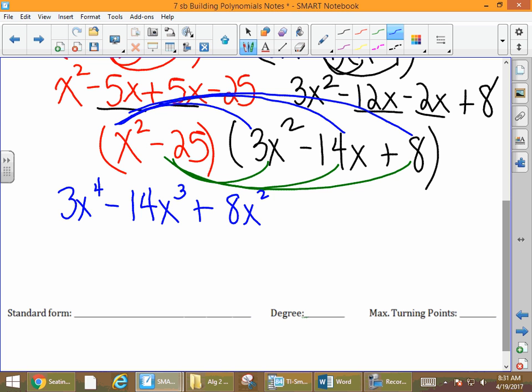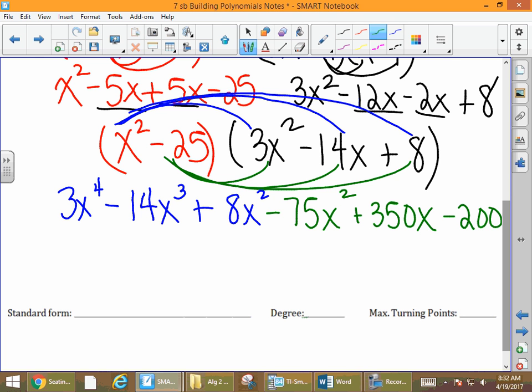So we multiplied x squared by all three of the values in that black polynomial. We're going to do the same thing with the negative 25. Negative 25 times 3x squared is negative 75x squared. Negative 25 times negative 14x is 350x. Negative times negative is positive. And negative 25 times 8 is negative 200.